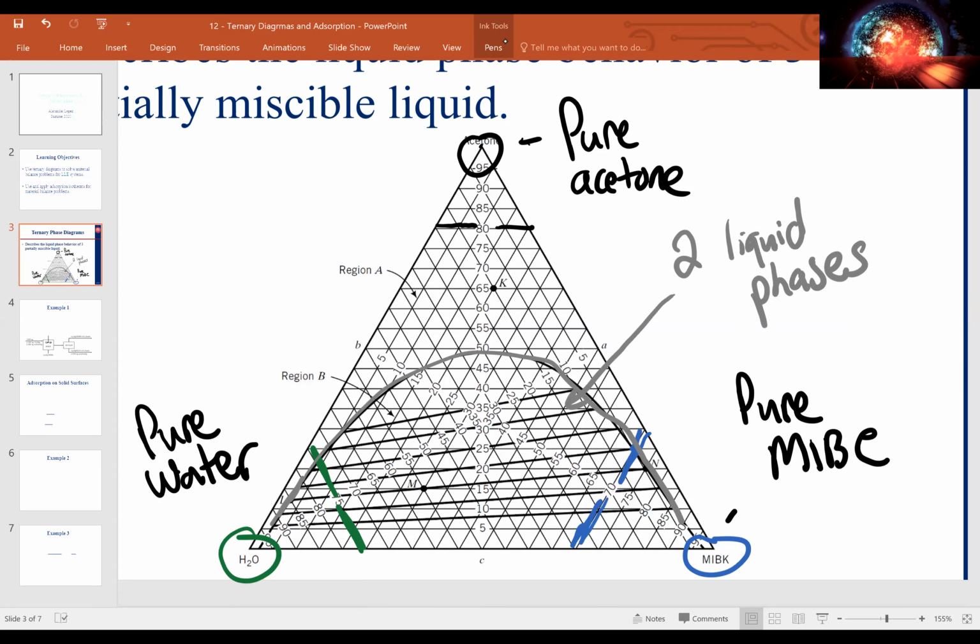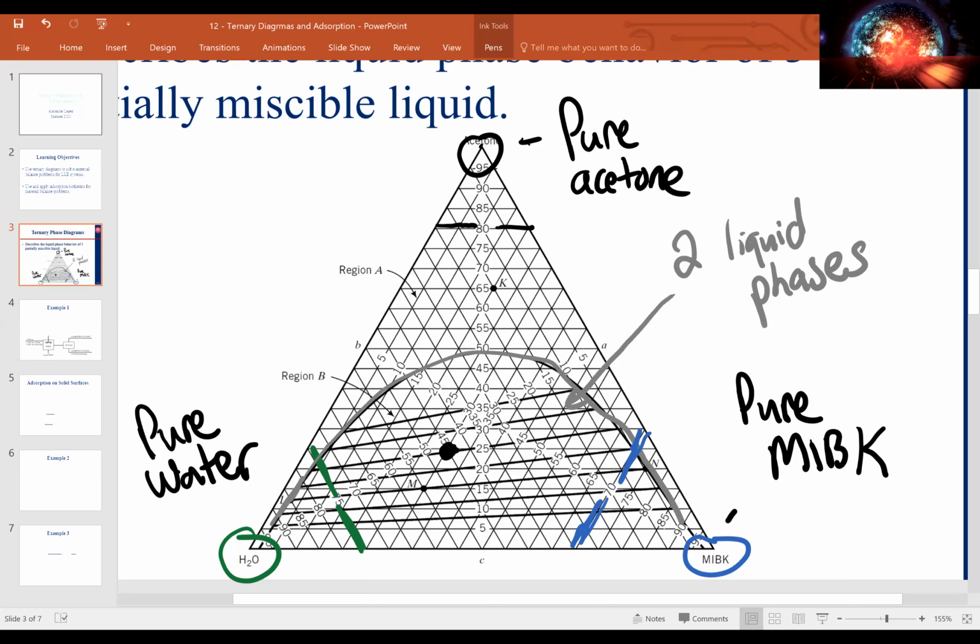And so if I were to mix acetone, water, and MIBK, such that I went to plot that as one mixture, and the mixture fell somewhere in this area, let's say my mix ended up here.